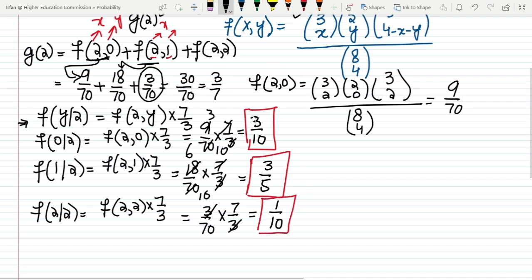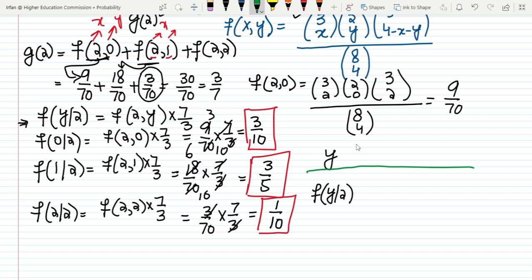Okay, so in tabular form, this can also be tabulated here. If I have different values of y, and here we have f of y given 2, what I can do is let me have here the table in which the different values of y are 0, 1, 2.